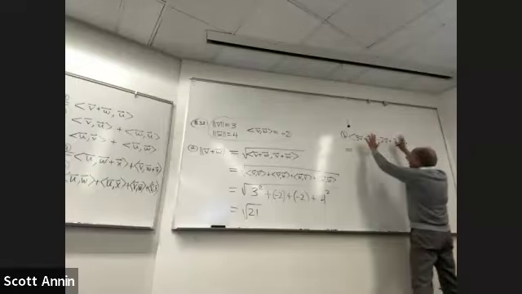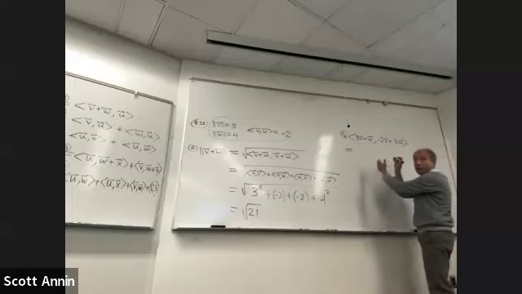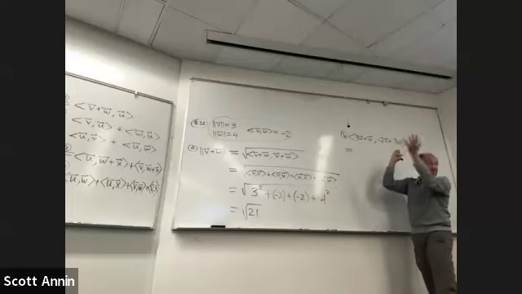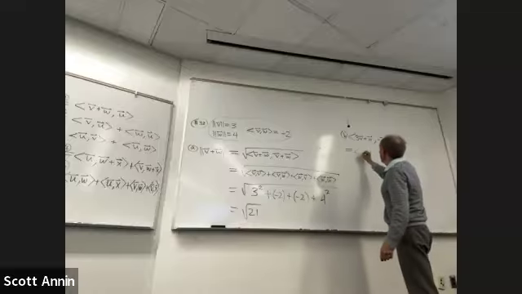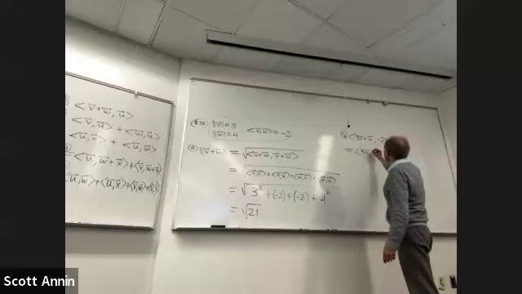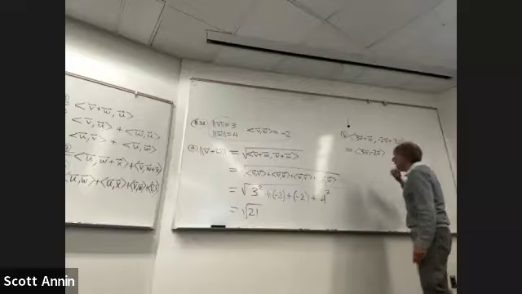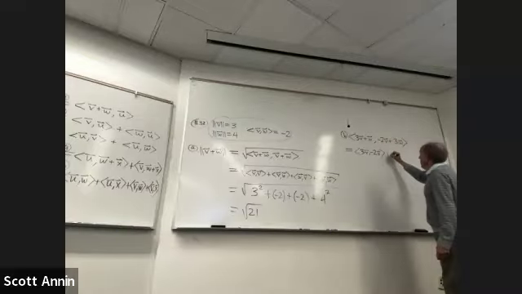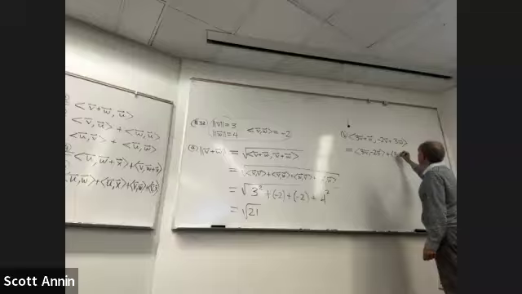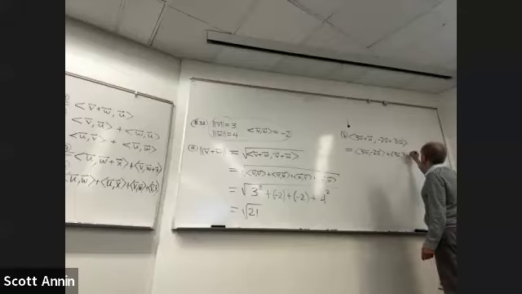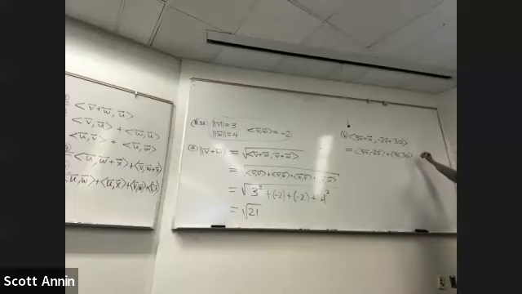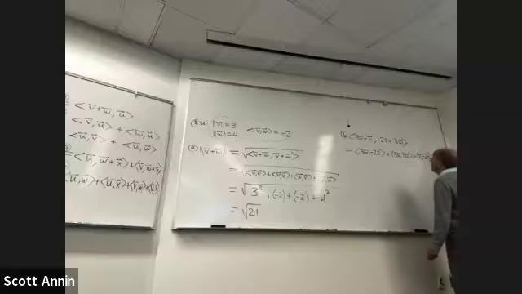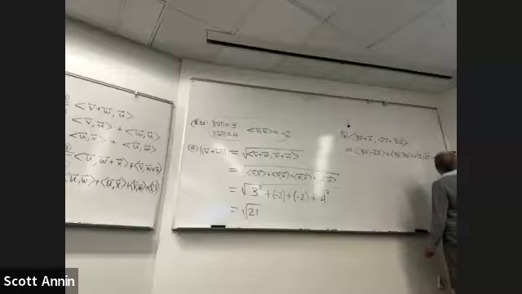Right. So again, I'm going to take this expression and basically do a big FOIL of it. Okay, so I'm just going to FOIL it out. The inner product of 3v with negative 2v, plus the inner product of 3v with 3w, plus the inner product of w with negative 2v, and then plus the inner product of w with 3w.